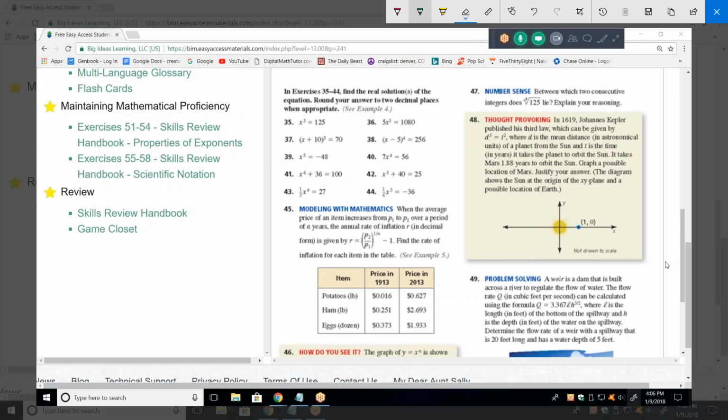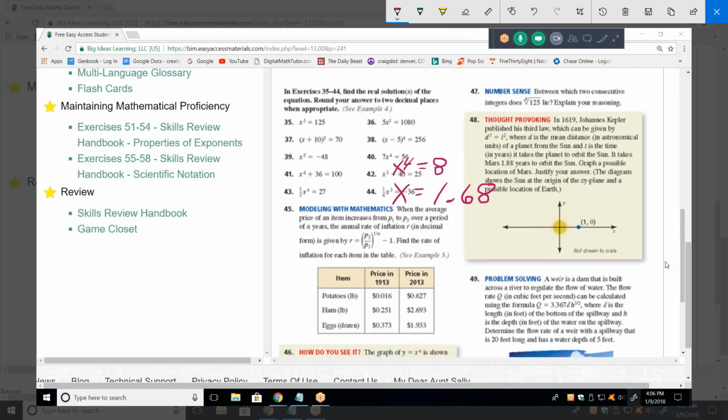Number 40, first step. Divide by 7. It gives you x to the 4th equals 8. And next step. Root it. So 4th root of 8 is 1.681, so 1.68.